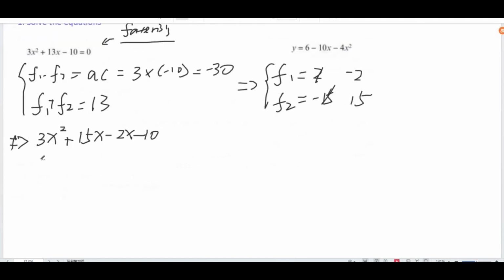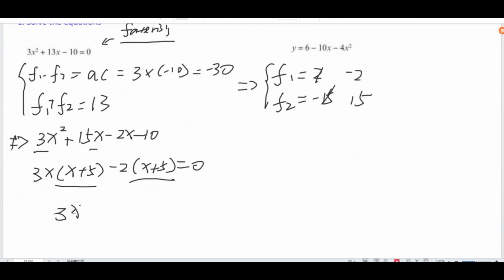It can be rewritten with the common factor 3x: 3x(x plus 5) minus 2(x plus 5) equals 0. And the common factor (x plus 5) gives (3x minus 2)(x plus 5) equals 0.